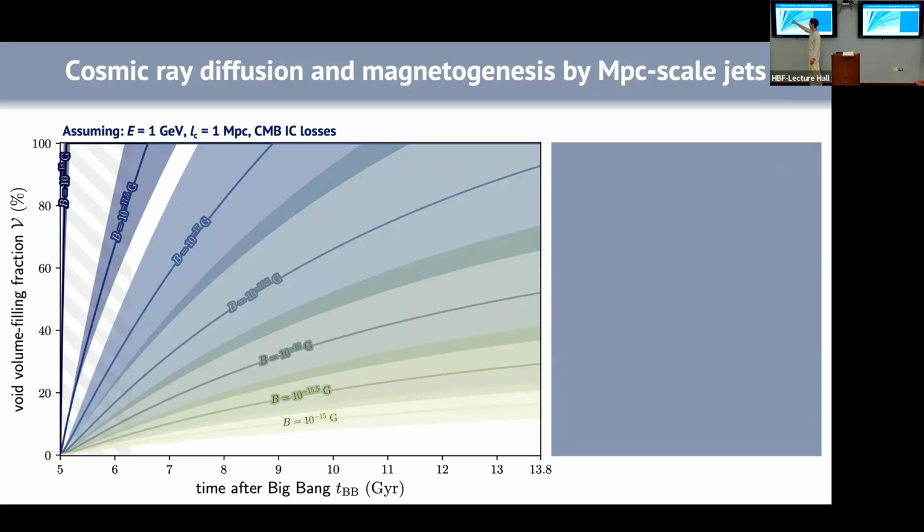As the field strength in the void is initially higher, this process becomes more inefficient. But the fun thing here is that if the field strength is initially weaker than this 10 to the minus 16, 10 to the minus 15 Gauss level that is constrained by observations, then this process is effective.